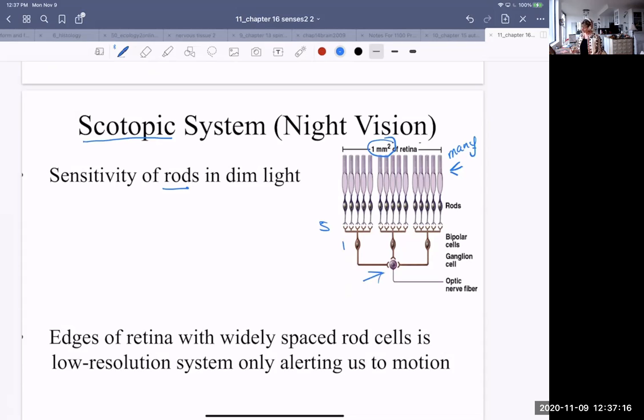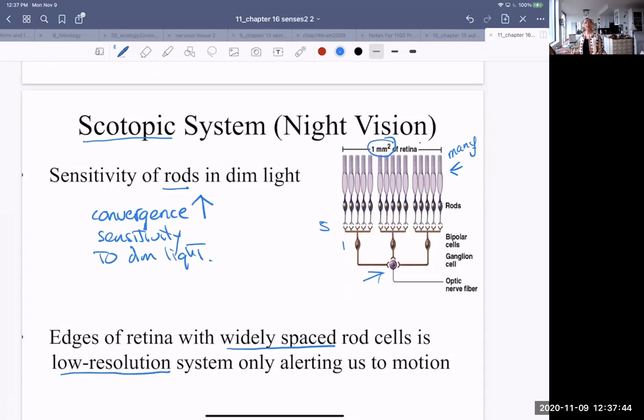Convergence increases sensitivity to light, to dim light. And the rod cells are widely spaced apart. It's a very low resolution, so you're not getting a lot of detail, but they do alert you to motion, particularly in peripheral vision.